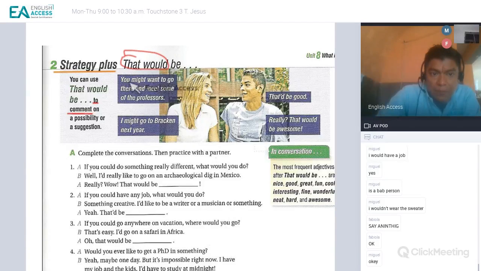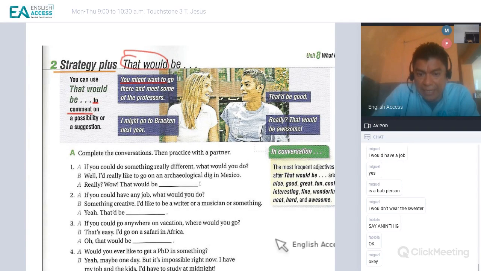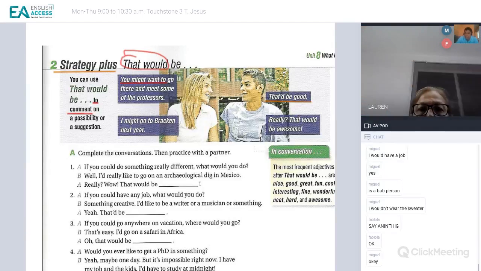So here we have the example. You might want to, remember what is this? You might want to is the conversation strategy, giving advice, giving a recommendation. You might want to go there and meet some of the professors. And he says, that would be, what can I use? That would be good, yes? Because he thinks it's a good idea.